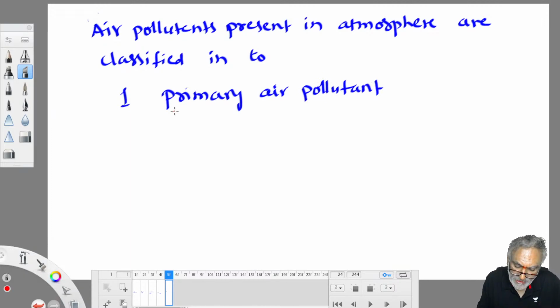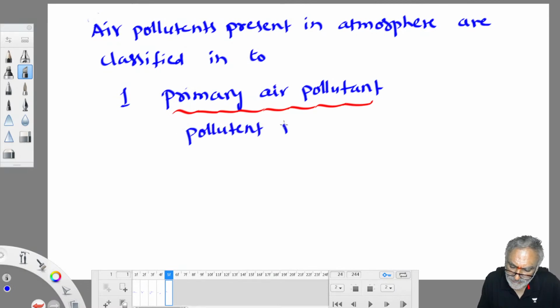Primary air pollutants means pollutant released into the atmosphere in one form and remaining in the same form is called a primary pollutant. Released from where? From the ground only we release. Pollutant released from the ground into the atmosphere in one form and remaining in the atmosphere in the same form is called a primary air pollutant.